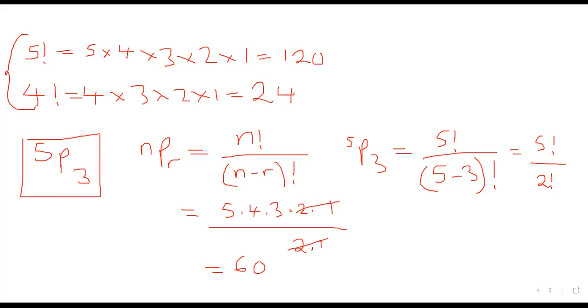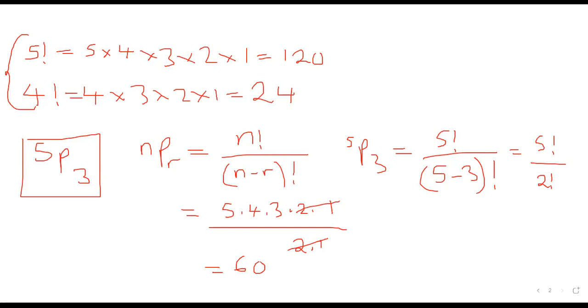So you can also do it the calculator way directly by punching the following. So if you're asked to find 5 permutation 3, how do we do it on a calculator?